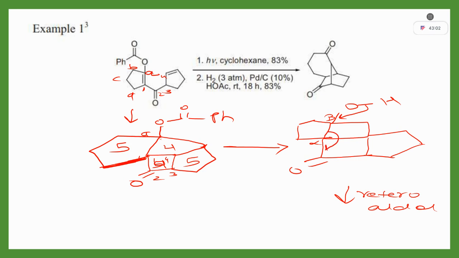This bond will break and come here, right? And will result in the formation of an enol, which will further undergo tautomerism. So let's write it in a proper way. This bond has cleaved, right? Here we will have a ketone. Here we are having a five-membered ring. OH. This step is clear, Prashant.